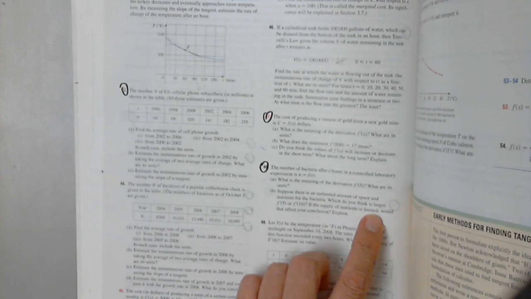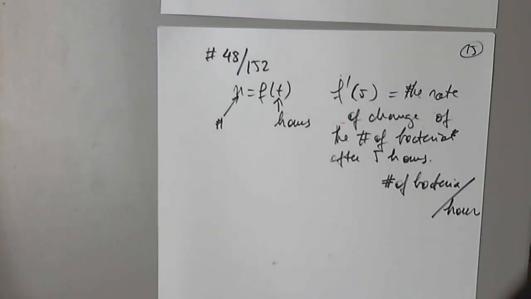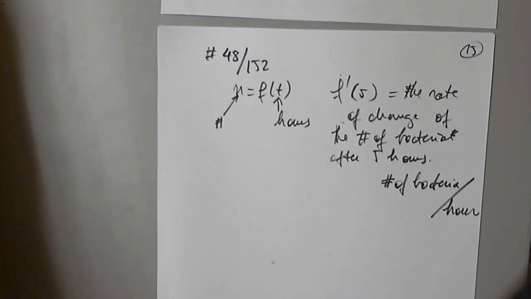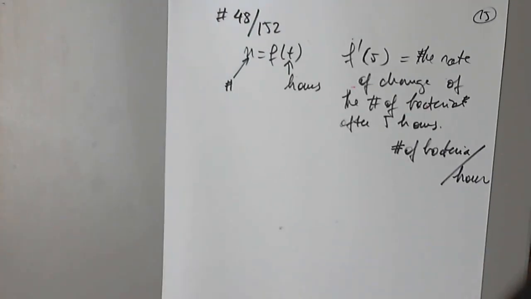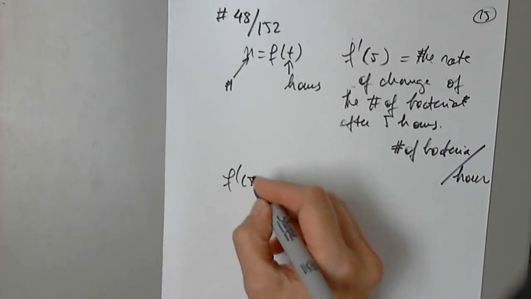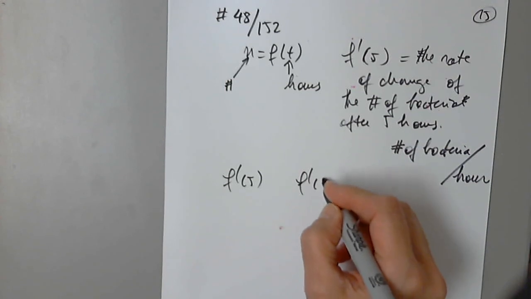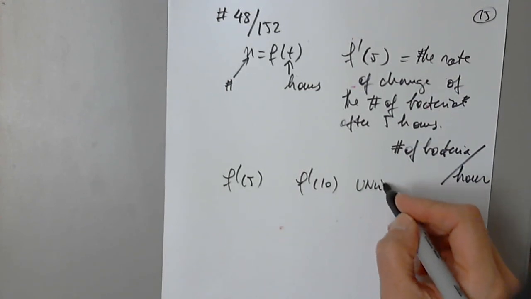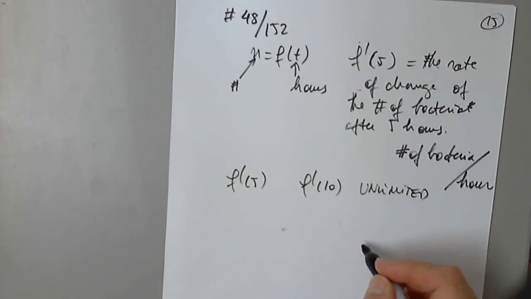If the supply of nutrients is limited, would that affect your conclusion? So we are comparing f prime of 10 and f prime of 5 for unlimited nutrients and space, and for limited.